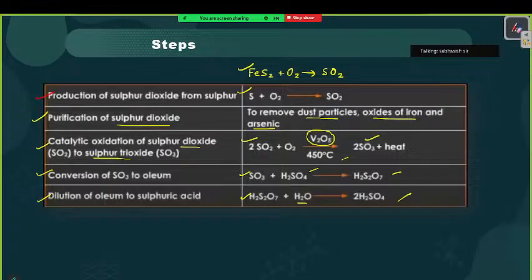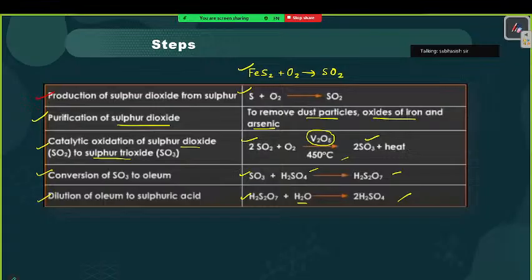You can arrange the concentration by mixing different amounts of water. If you add a greater amount of water into oleum, you get dilute sulfuric acid, or you get concentrated sulfuric acid when very little water is added into oleum.